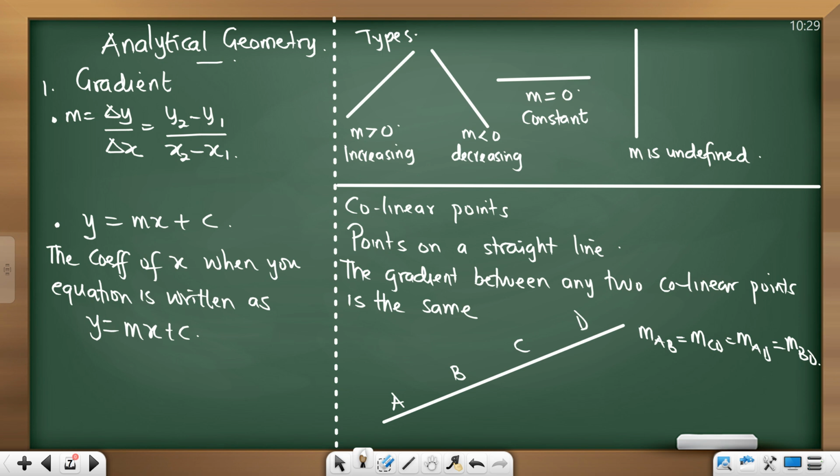Midpoint simply means halfway. Okay, so I can link this to Euclidean geometry quickly. Can link midpoint to Euclidean. Find the length.